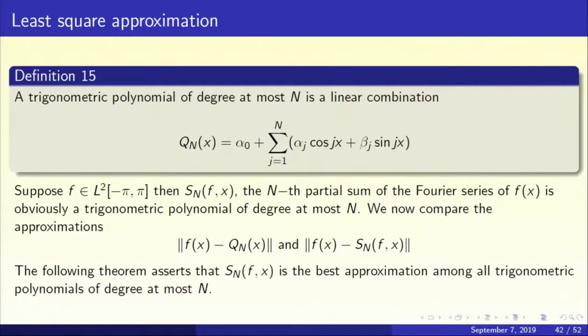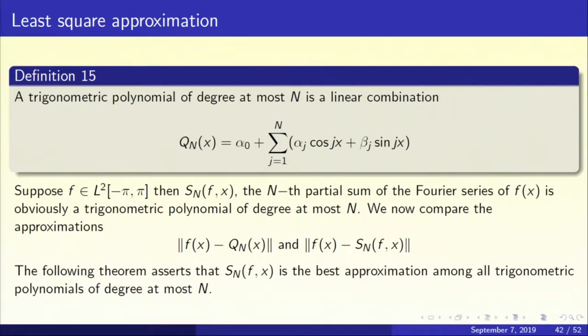So before we take up the meaning of least square approximation, let us make a definition. You take a finite linear combination of sines and cosines as displayed there. I have taken 1, sin x, cos x, sin 2x, cos 2x, etc., sin nx, cos nx, and I take a linear combination. What do I get?